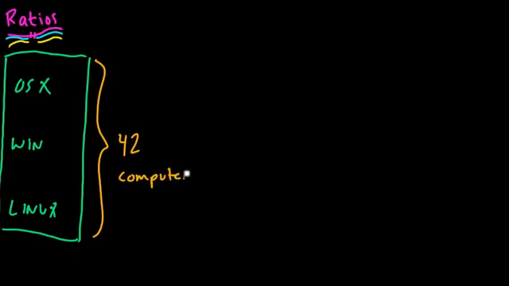And I tell you that, okay, out of those computers, here's the ratio that relates to these 3 operating systems, OS X, Windows, and Linux. And let's just make that up too. The ratio could be, let's say, 2 to 5 to 7.